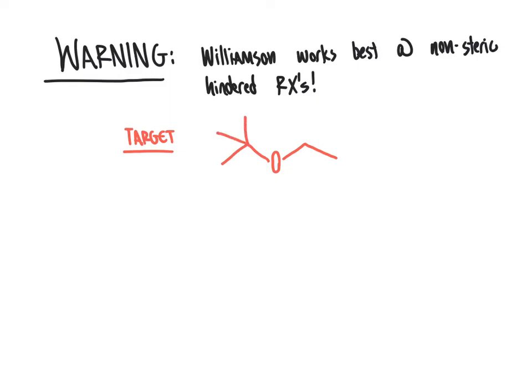So say our target molecule is this. We could envision two different strategies for synthesizing that from an alkoxide anion and an alkyl halide.